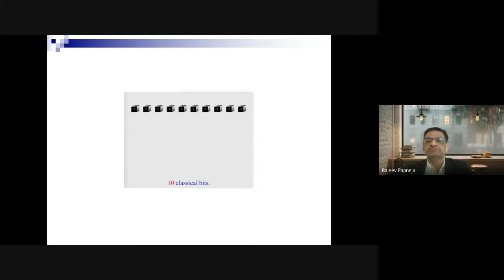So there are 2 to the power of 10, which is almost 1024 different ways that we can find the balls in those boxes. But for any one of them, we can describe it very precisely, to tell each one of the 10 balls whether it is red or green.